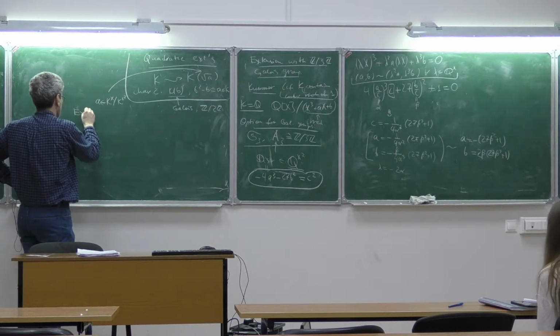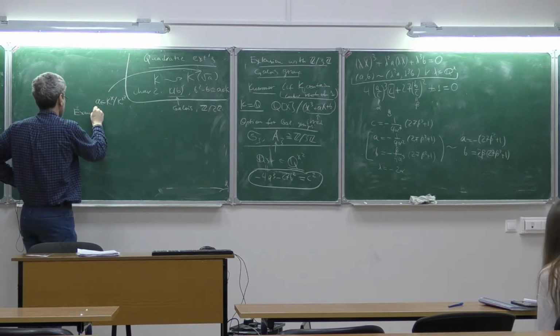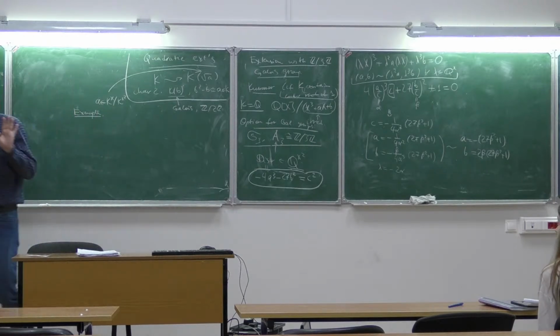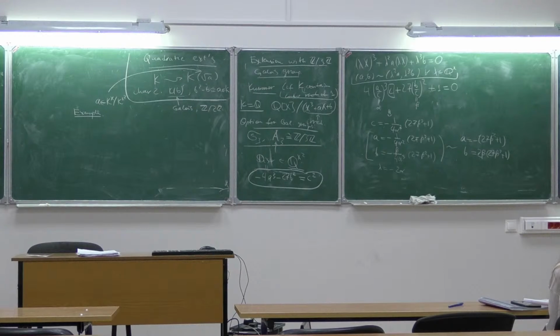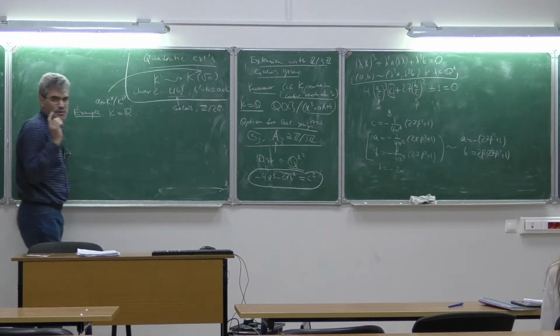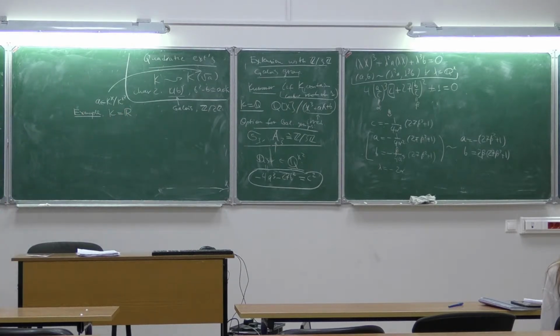For instance, what are quadratic extensions of... I don't suggest to look at complex numbers, because it's not interesting. But for instance, you can try to look at real numbers. Of course, this is not very interesting, but still. So what happens if our field K is the field of real numbers?